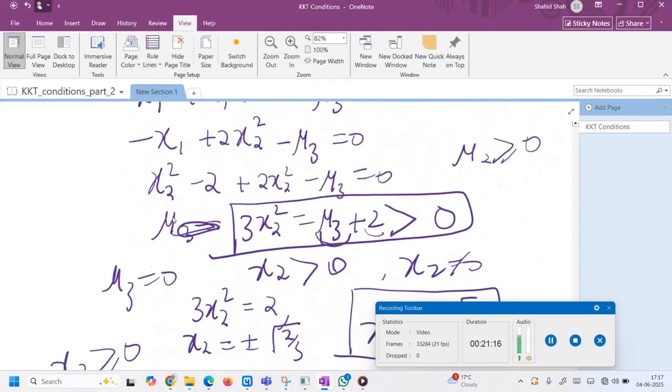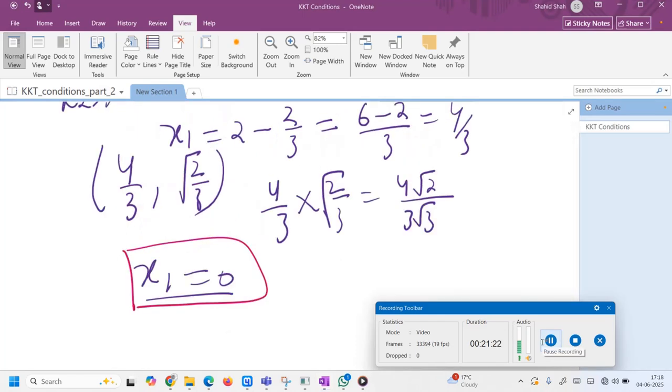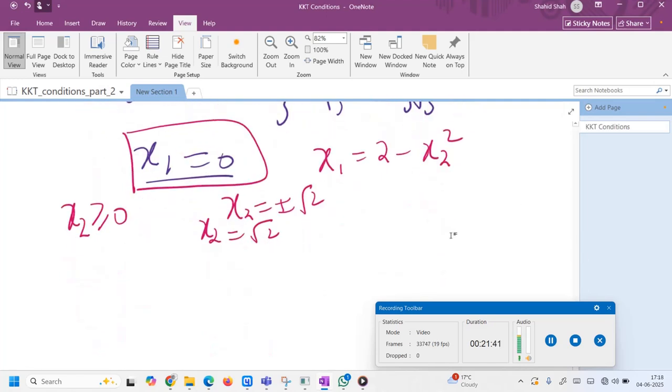Now if you take x1 equal to 0, what will be the solution? First of all, x1 is equal to 2 minus x2 square, so x2 is plus minus root 2. But again, x2 has to be greater than or equal to 0, so x2 equal to root 2 will be the acceptable solution. And in that case, 0 comma root 2 will be the solution.